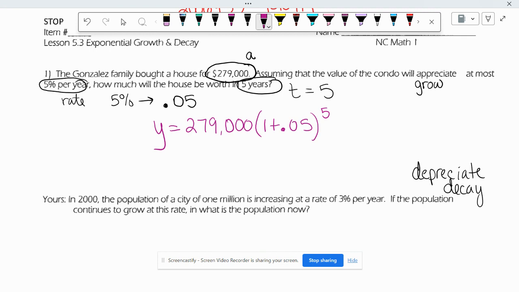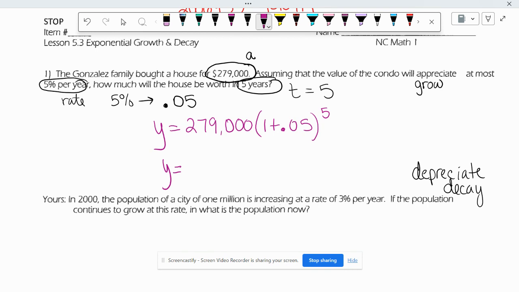Did you get it? What'd you get? So did you add those two or did you subtract it? And then I put 1.05 in the parentheses and then put it to the power of 5.